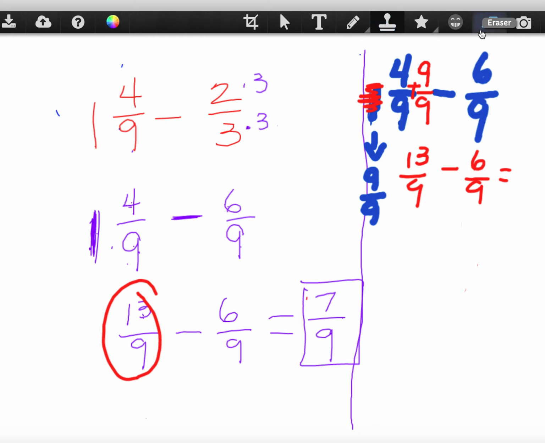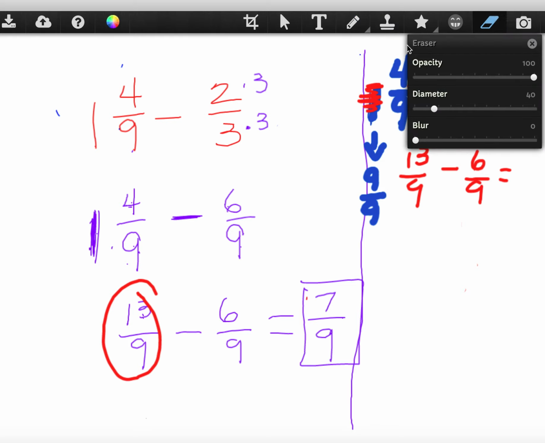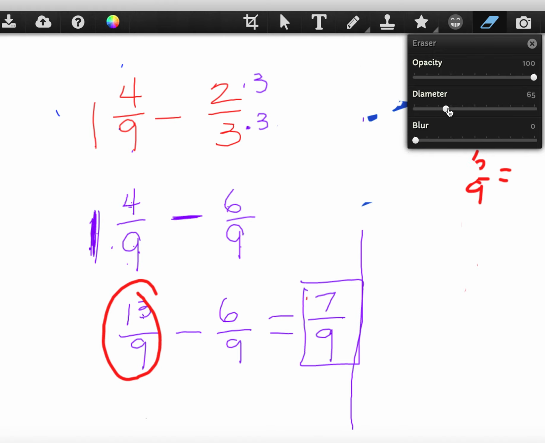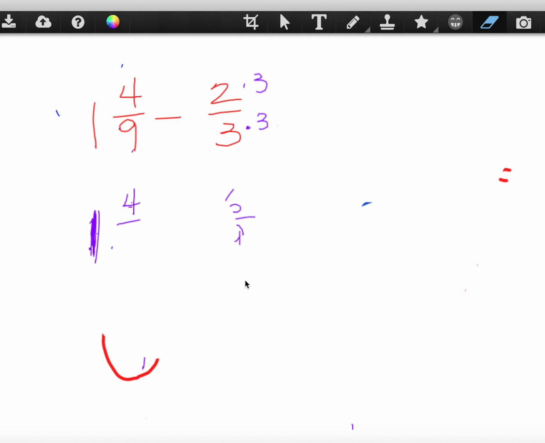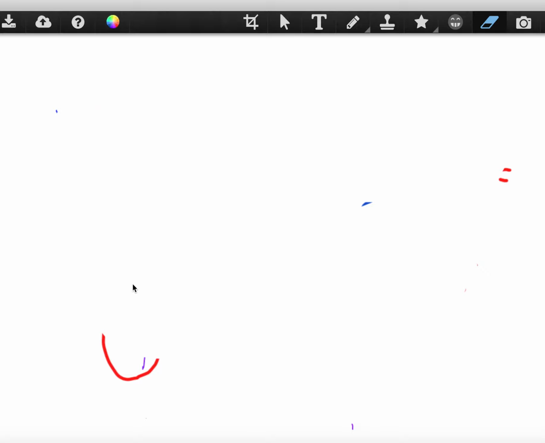Watch what happens when it's a little different setup. We'll go to the one we did before.